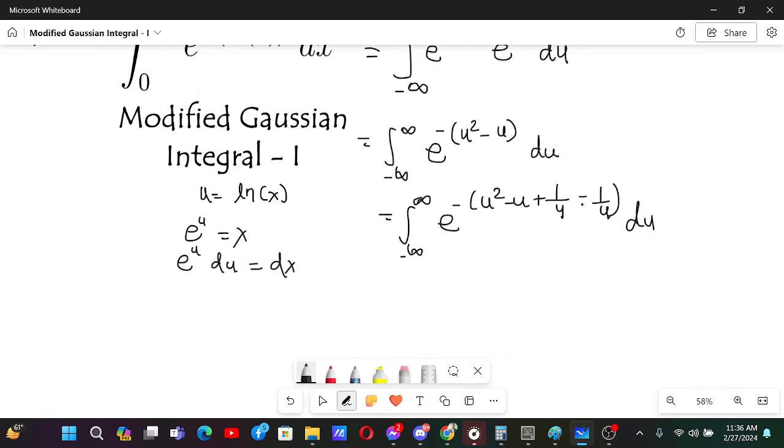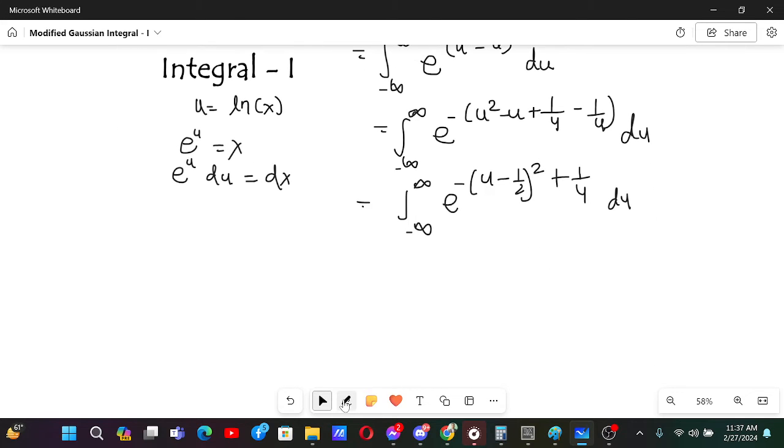Now I can take the minus 1 by 4 out. This is e to the power minus u minus 1 by 2 whole square, and then plus 1 by 4 du.